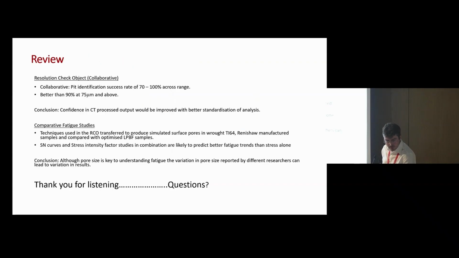Okay, so for the RCO, we've got a pore identification success rate of 70 to 100% across the range. 100% of the larger, higher size of pores, 90%, 75% above. So basically, as I said, I'd like to be able to predict, and a lot of the prediction would work with more data, but the most data I can get is obviously from the literature.